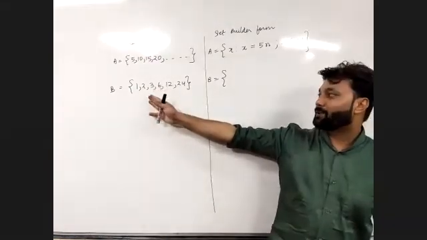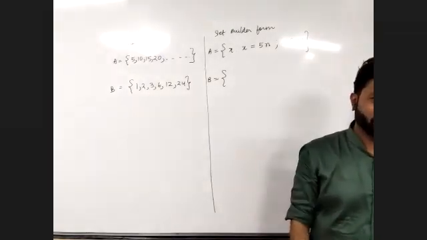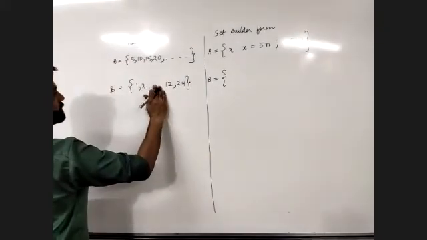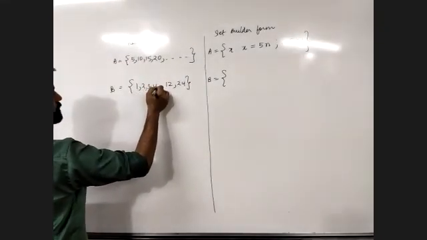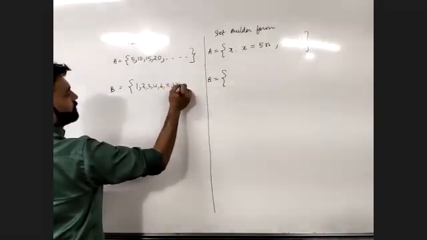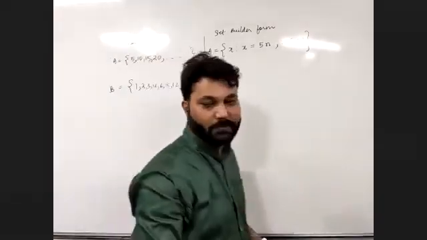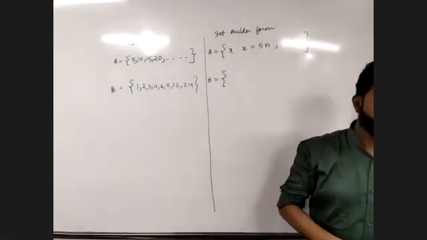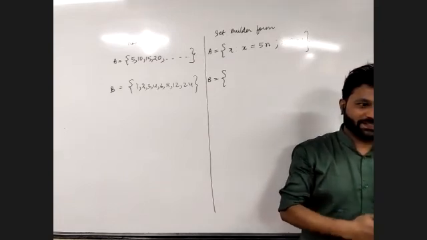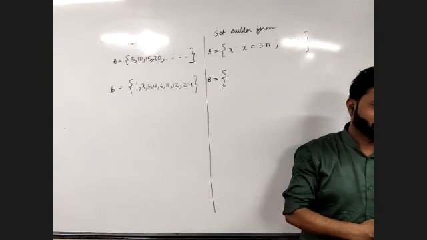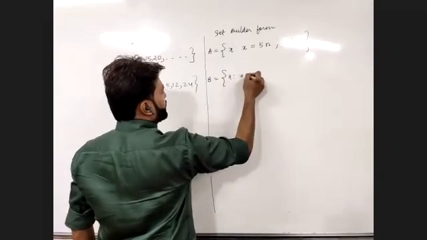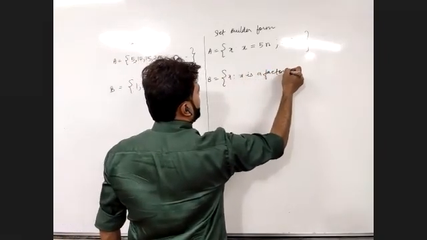How will 2 be a multiple of 3? These are 1, 2, 3, 4, 6, 8, 12, 24: factors of 24. So simply {x such that x is a factor of 24}.